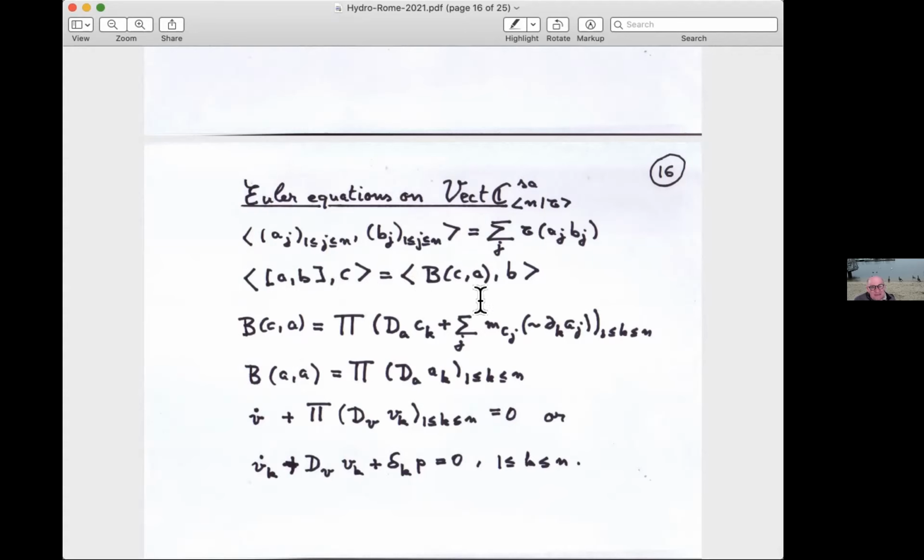Now this B(C, A) can, fortunately, be computed, and it is the Lincei projection applied to the derivation which corresponds to A. It has n components, so every Sj gets replaced by an Aj, applied to Ck, the kth component. And here I have a sum. This is the insertion map.